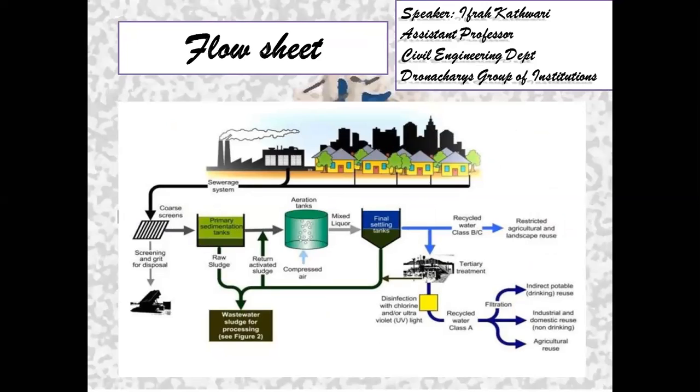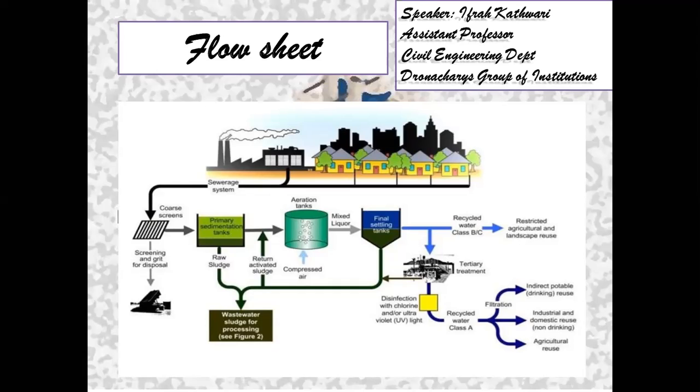Once the water is flushed out, it travels a very long way through the pipes that are laid underground, wherein gravity plays its role to make it flow towards the wastewater treatment plant. So it travels miles to reach the wastewater treatment plant, and this is also called the free service because we don't need any cost for driving this water towards the wastewater plant. It flows under the action of gravity.